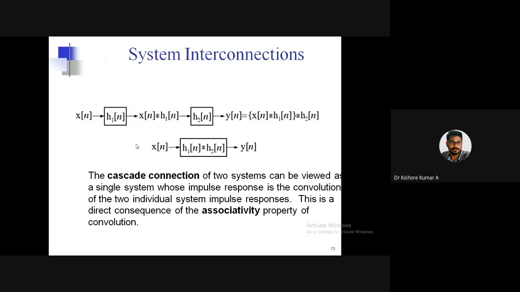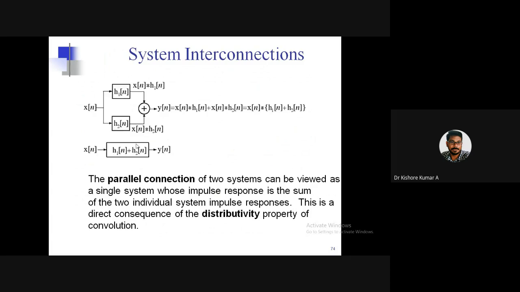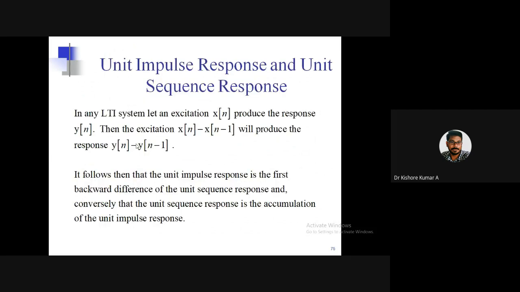If the systems are connected in series, the two systems can be viewed as a single system whose impulse response is the convolution of the two individual system impulse responses, as per the associative property. Again, for a parallel connection, the distributive property applies: it is a single system whose impulse response is the sum of the two individual impulse responses. And this is the unit impulse response and unit sequence response.